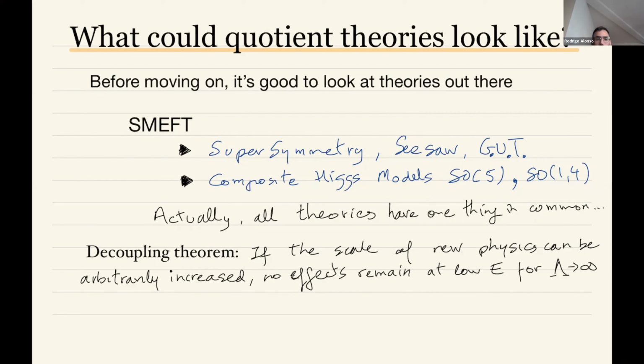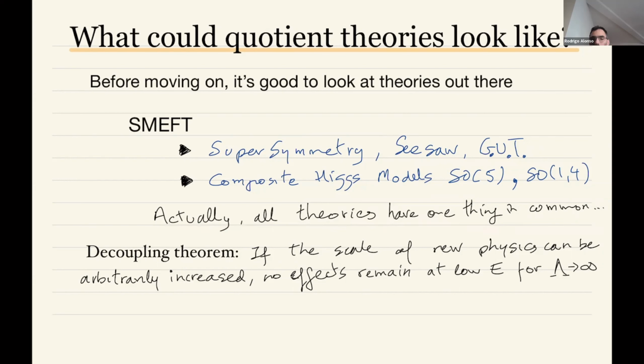And this can be described, and it has actually been done, provided the masses of these particles are heavy enough. You can write them as SMEFTs, and if you can push them further and further up, then those SMEFT effects will be ever smaller. And that's actually what all of these theories have in common.